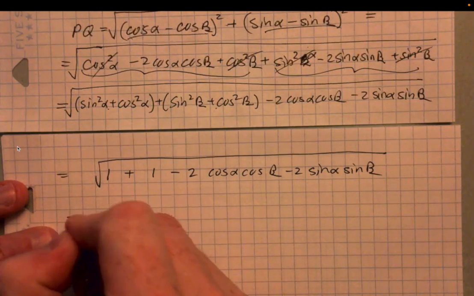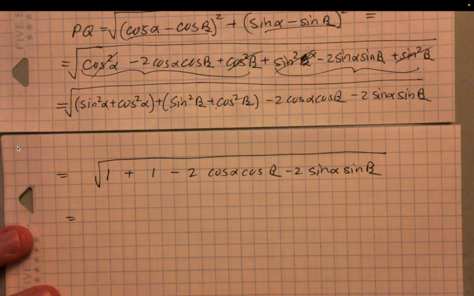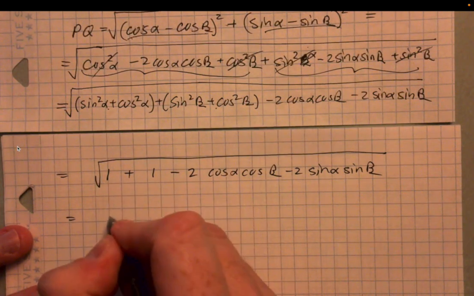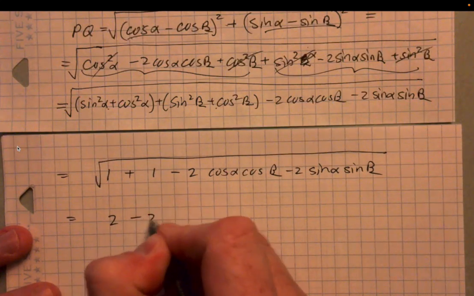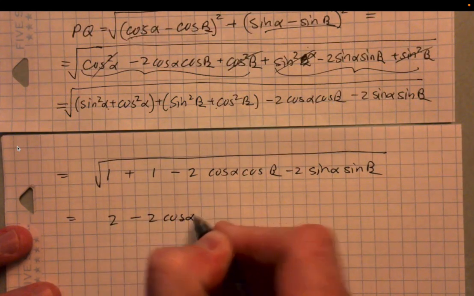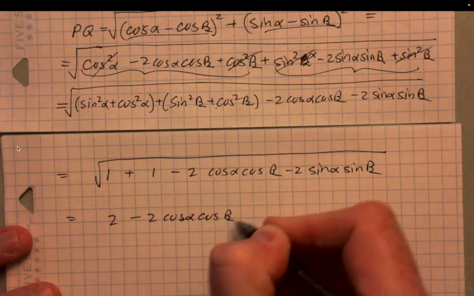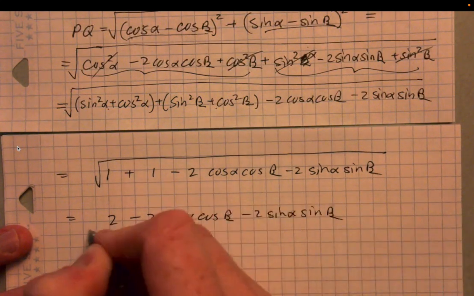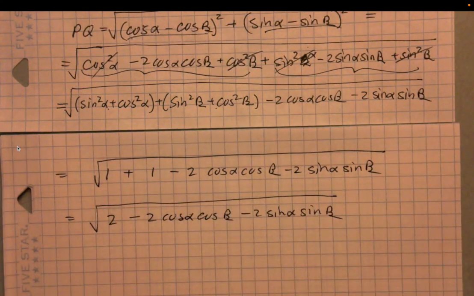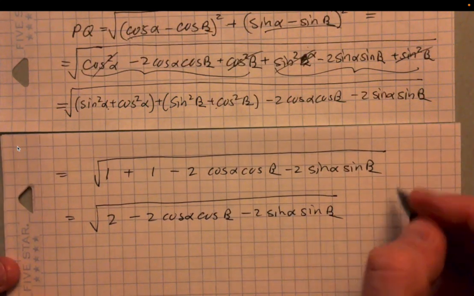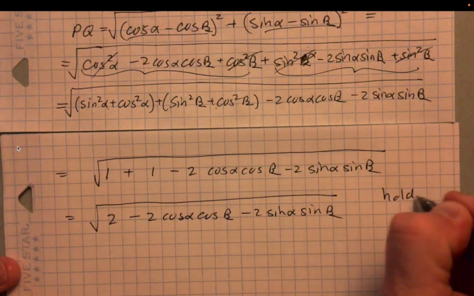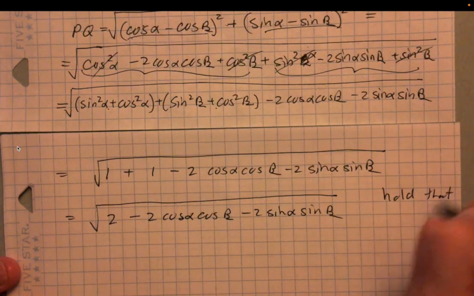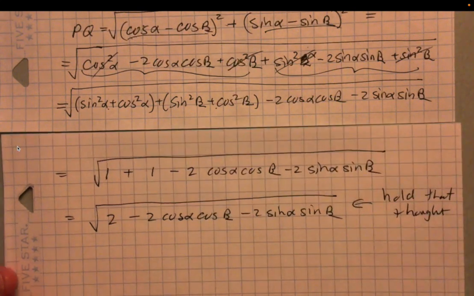And then of course I should combine those, so 2 minus 2 cos alpha cos beta minus 2 sine alpha sine beta. Okay. And now we're going to pause here. Hold that thought.